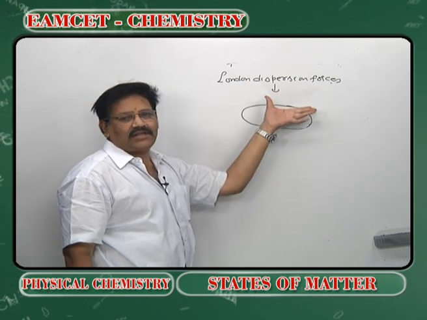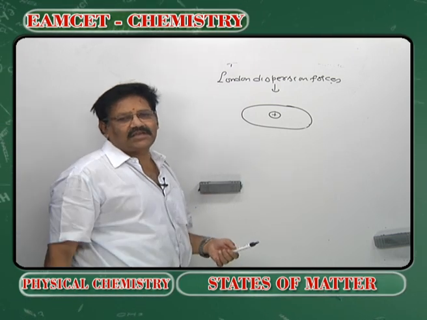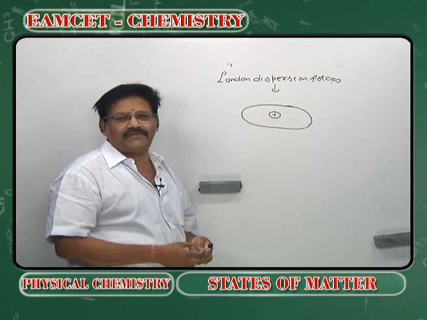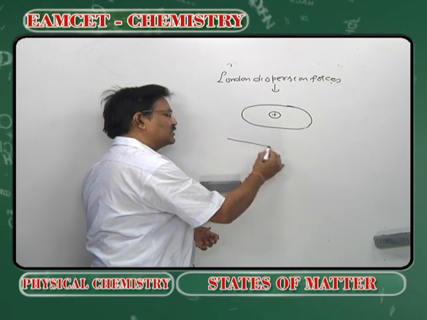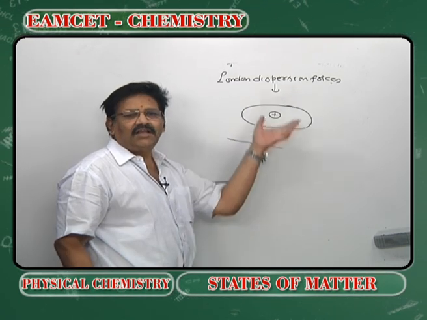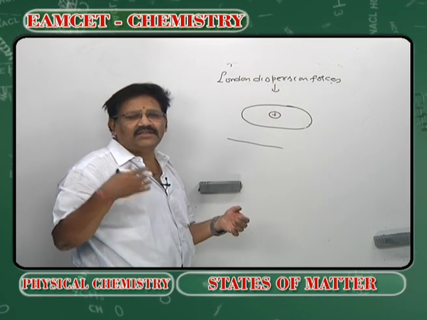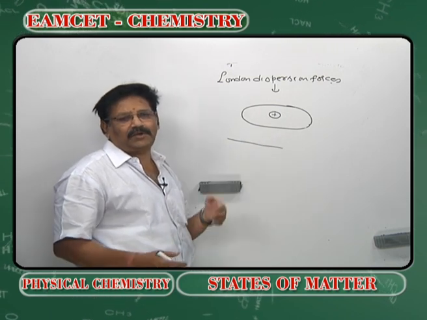The strength of the London dispersion forces will increase with increase in the size of the molecule, or with increase in the molecular weight. Among the hydrocarbons, with increase in the length of the chain, the strength of the London dispersion forces will increase, leading to a higher boiling point.